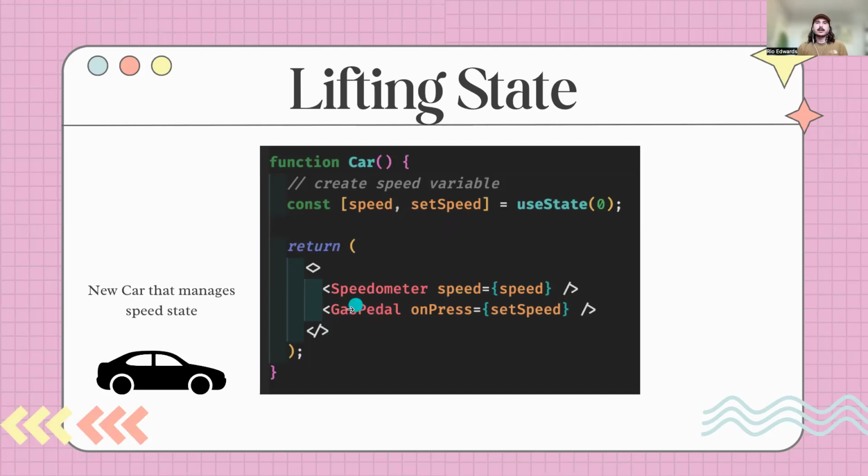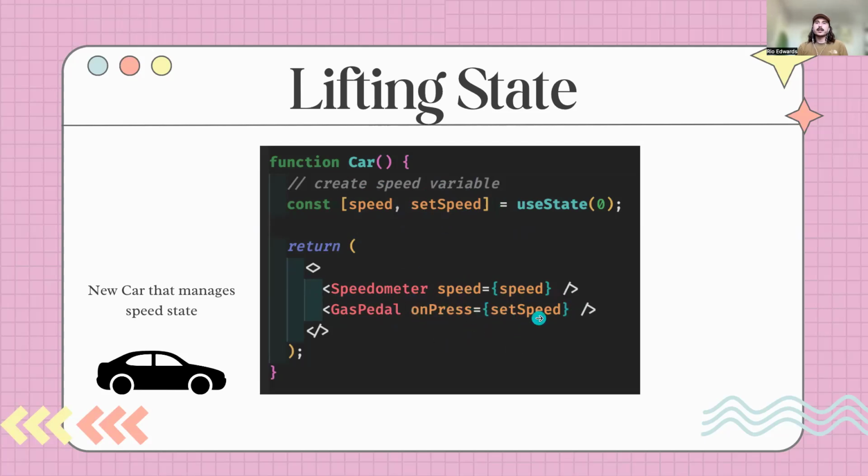Because remember, in gas pedal, we were making this speed variable inside the gas pedal. Now we're making it inside the car. And so if we want to change the speed in gas pedal, we need access to this set speed function. So gas pedal now gets an extra prop, on press, like you press the gas pedal.